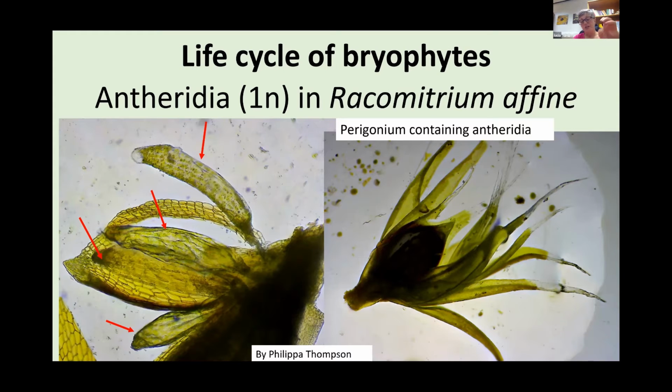This is what it looks like. It looks almost like a little bud, with all the leaves around. The leaves are quite hard. They protect it quite well until it's ready to get out and to release the sperm. So that's quite a nice picture of an antheridium in Racomitrium affine.